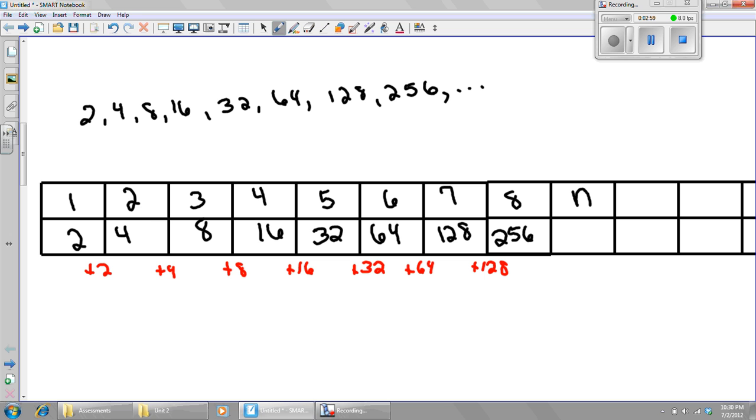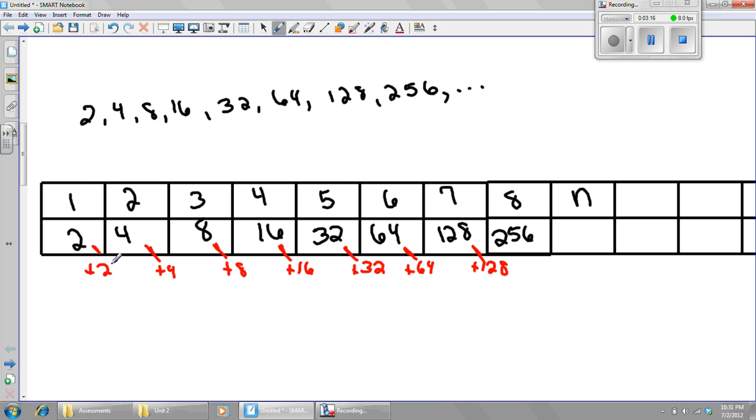I don't know if it strikes you as odd, but notice these numbers line up. You see that? Like you're adding the number to itself. 2 and 2 is 4, 4 and 4 is 8, 8 and 8 is 16.